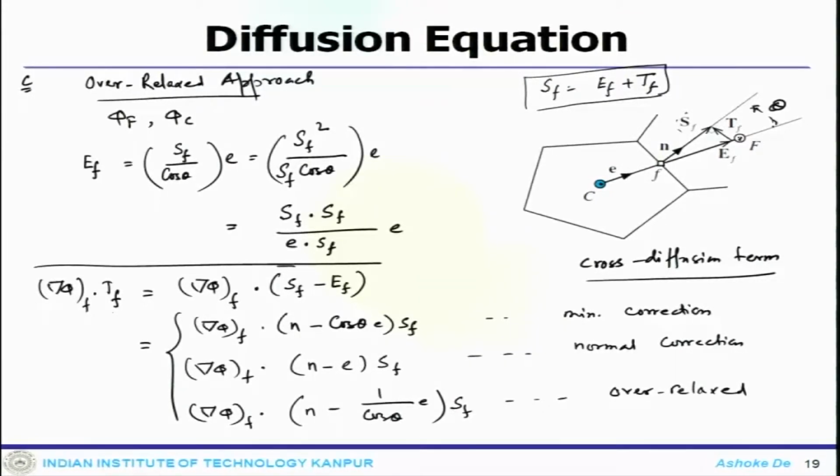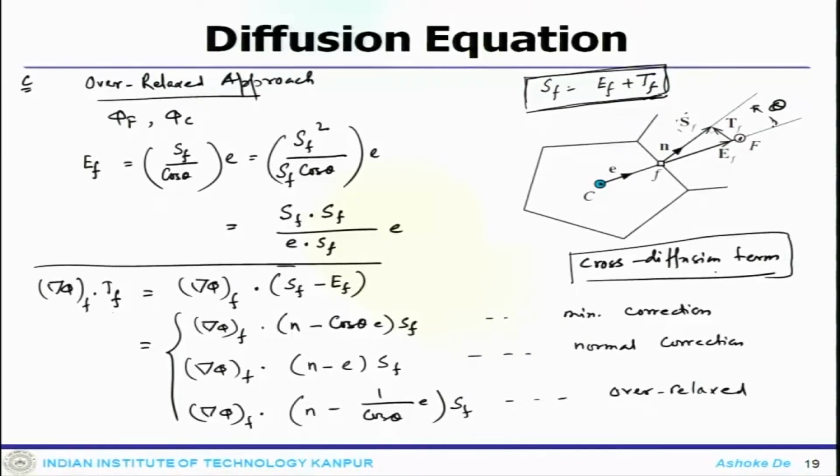Once you obtain that information, then using the vector algebra, we get the contribution from the cross diffusion term.